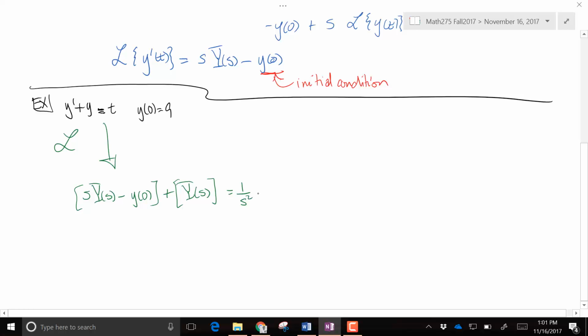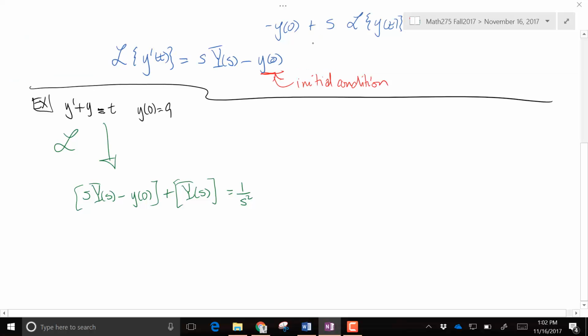S squared. Okay? So in the Laplace world, remember, all you have to do is algebra. You don't do any calculus here. And if you replace the y of 0 with 9, then you just have an equation where you're trying to solve for Y of s.